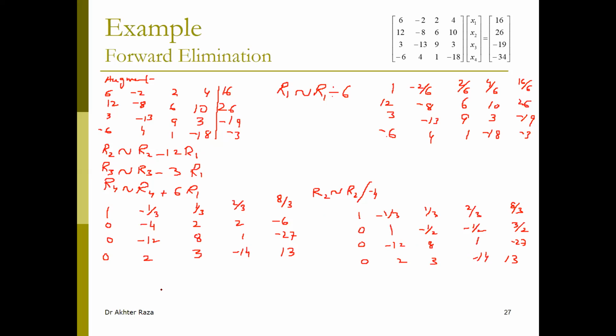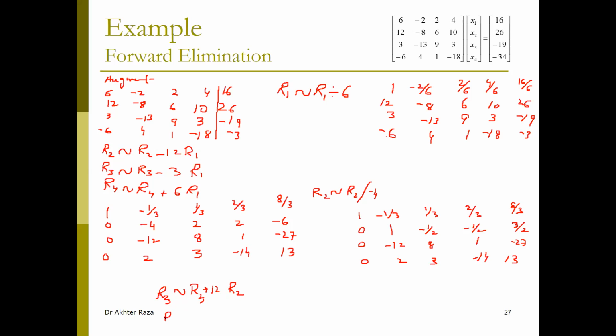One is row 2 will be changed. And how will row 2 be changed? Row 2 plus 12 times row 3. Now, no, this will be the row 3 which is changed. Row 3 plus 12 times row number 2.